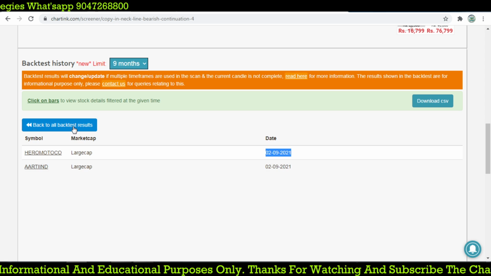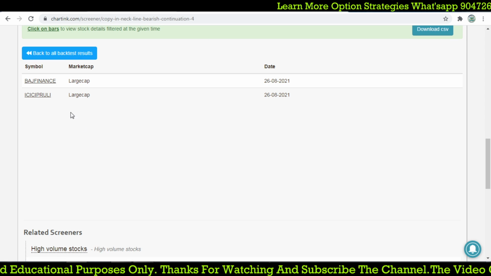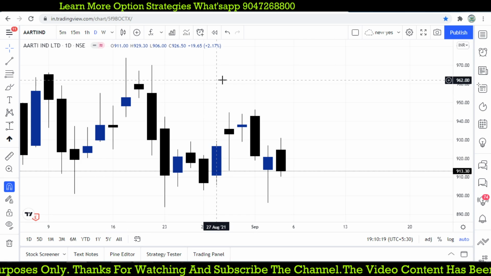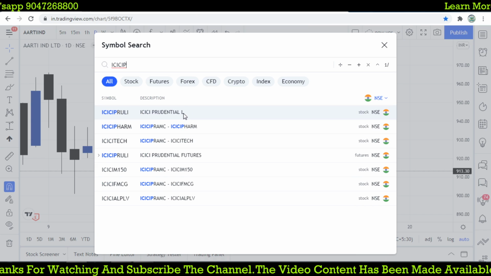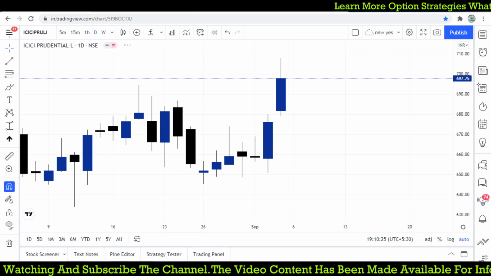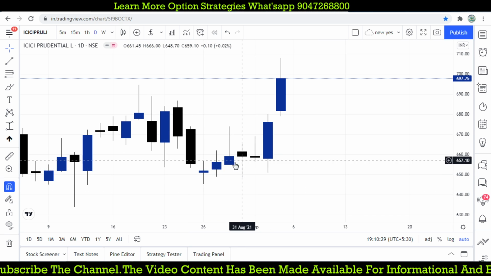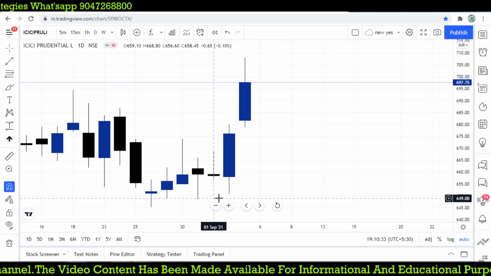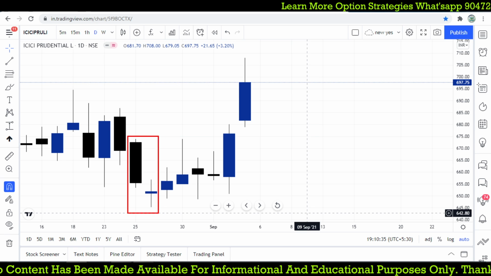And previously, let's go for the previous ones, Bajaj Finance and ICICI Prudential on 26th August. We already discussed Bajaj Finance. Let's go for ICICI Prudential. So let's say 26th August. Can you see that? There is a candlestick pattern which forms on 26th August.